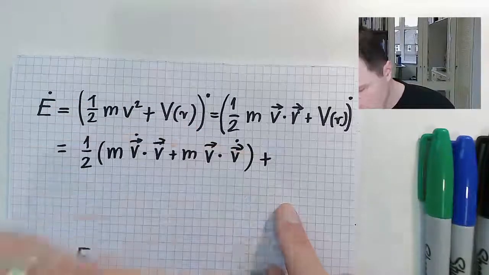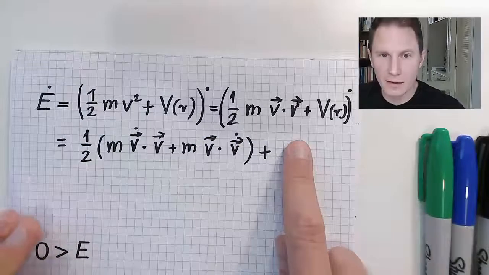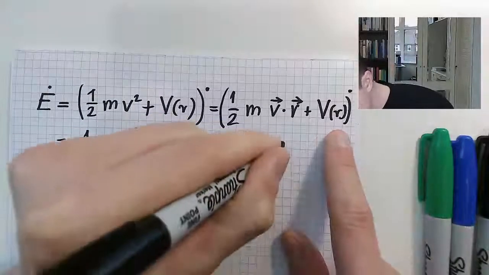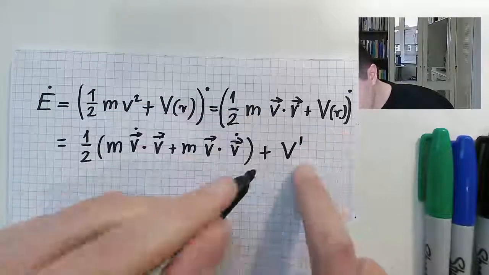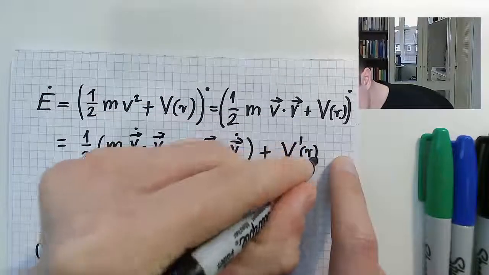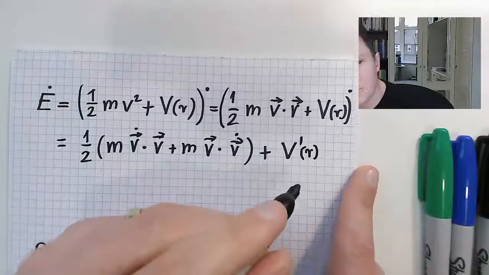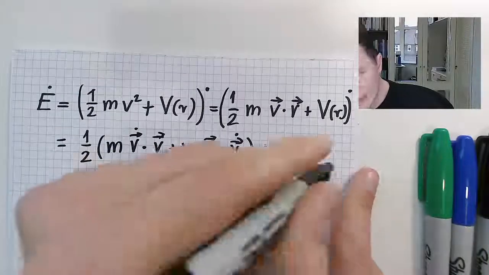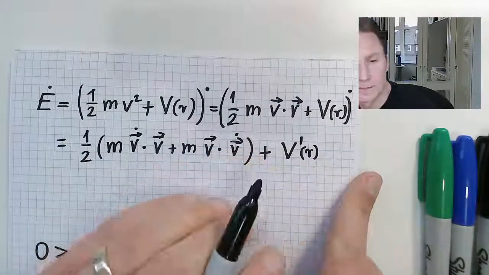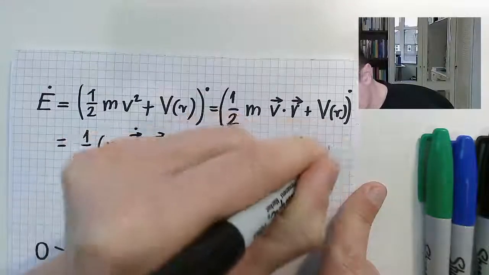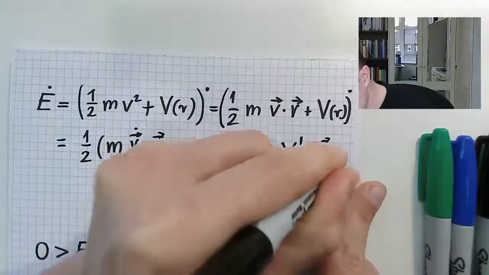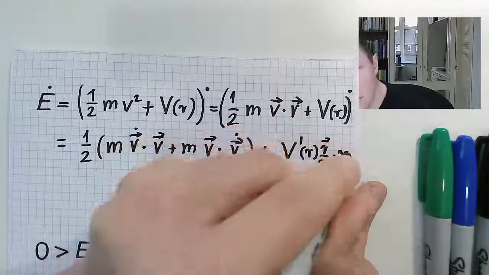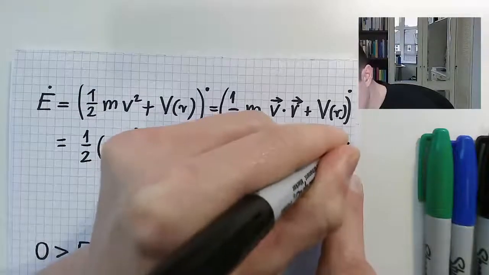Plus what we will get here is the derivative of the potential energy, multiplied by the unit position vector and the dot product of that with r dot.